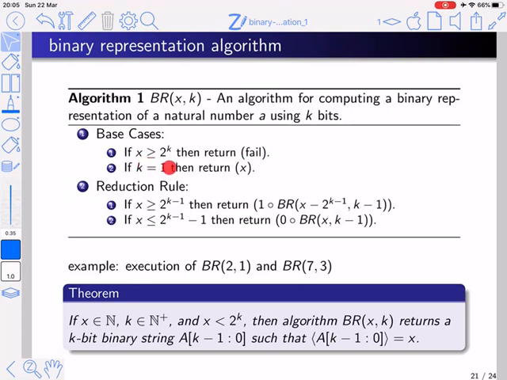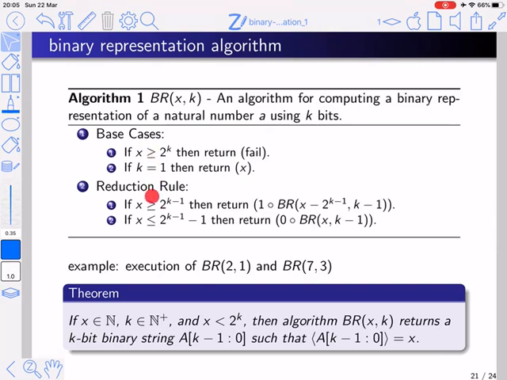If k equals 1, that means that x is between 0 and strictly less than 2 to the k, which is 2. So that means that x is either 0 or 1, in which case the binary representation of x using a single bit is x itself. If you want to represent 0, you return 0. If you want to represent 1, you return 1. Good. So these are the stopping cases or the base cases.